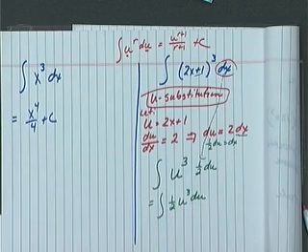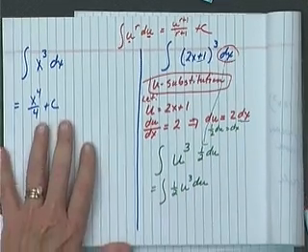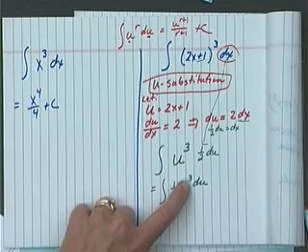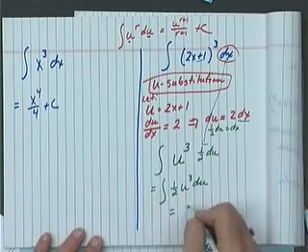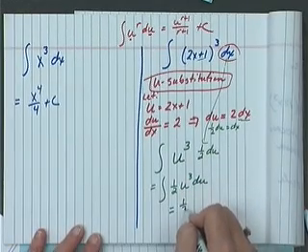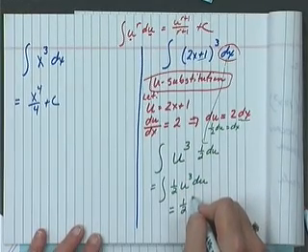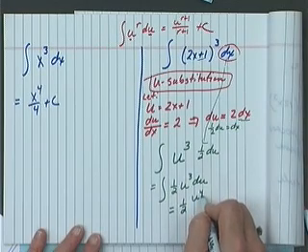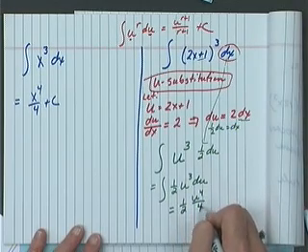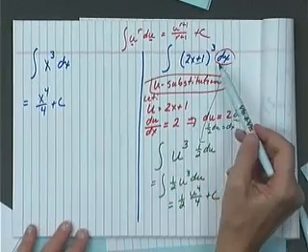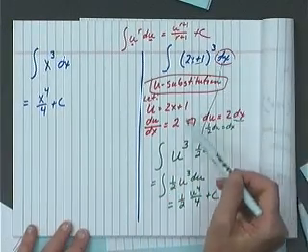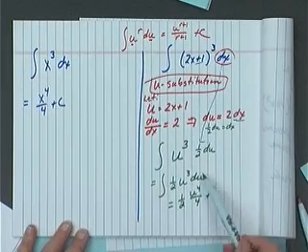Is that going to be easy to integrate? Yes, it is. That's a constant, u to the r du. So when we integrate this, we're going to get 1/2 what? u to the 4th over 4 plus c. Now what have we done? We've taken a complicated problem, converted it to u's, integrate it really easy.